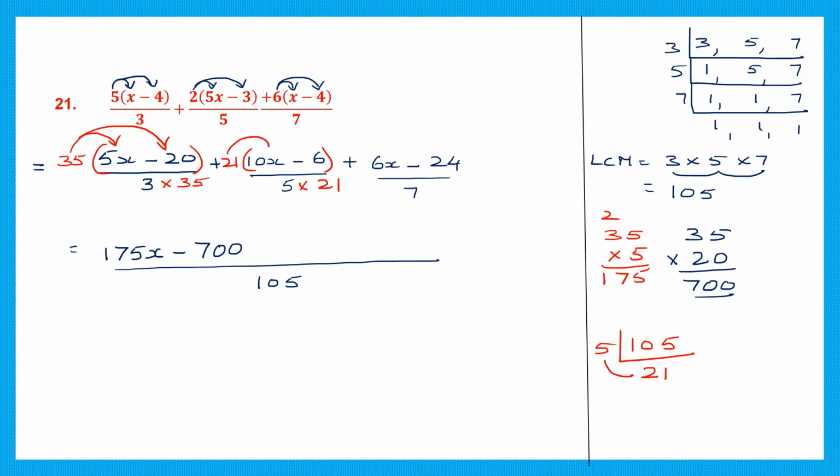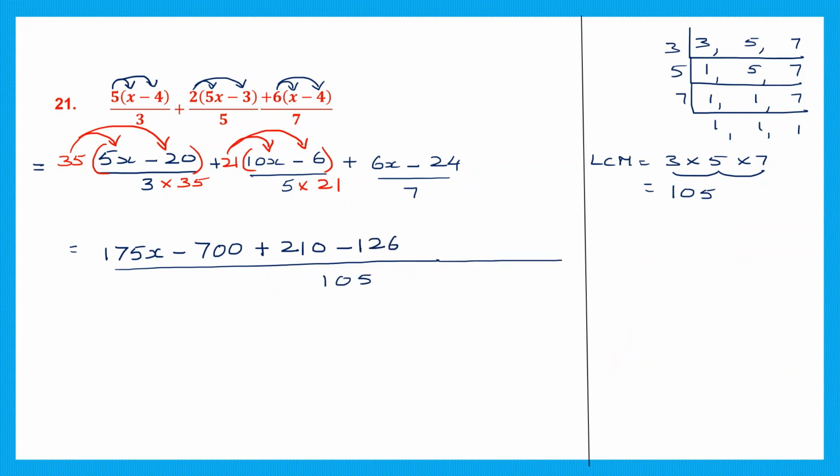First do 21 into 10, so that's easy. 21 into 10 will be 210. Now let's multiply 21 into minus 6. The sign is minus. 21 into 6 will be 6 1s are 6, 6 2s are 12. Minus 126.